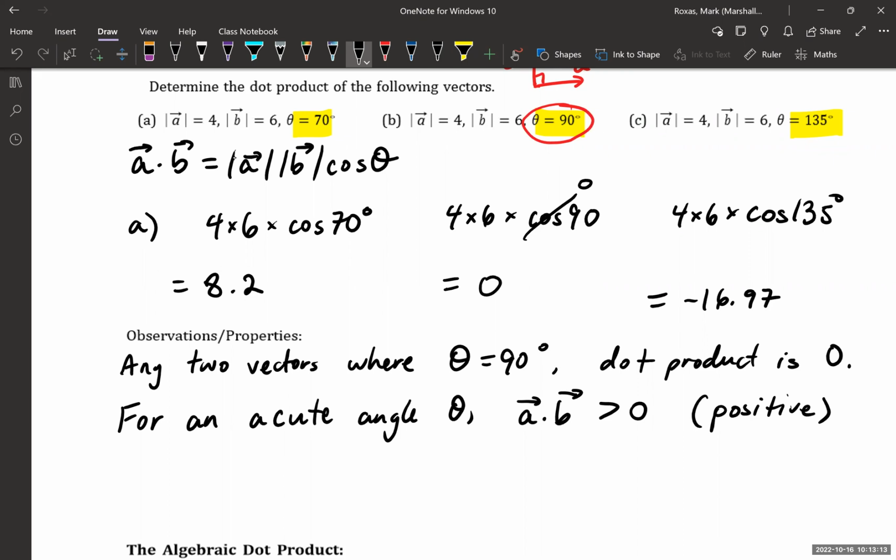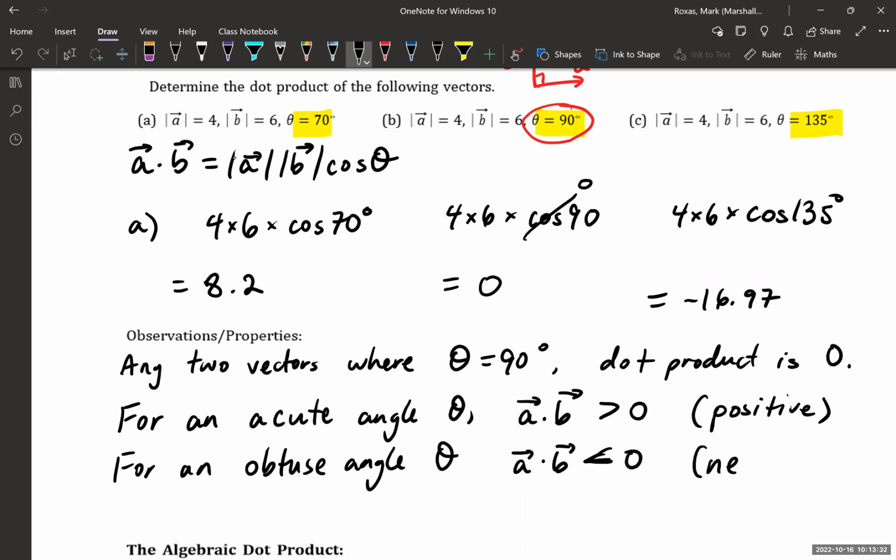That's because the cosine of an angle between 0 and 90 is going to be positive. And for an obtuse angle, where the angle is greater than 90, the cosine of that angle will be negative, right? So the dot product would then be less than 0, negative. Okay, and the magnitudes are always going to remain positive.